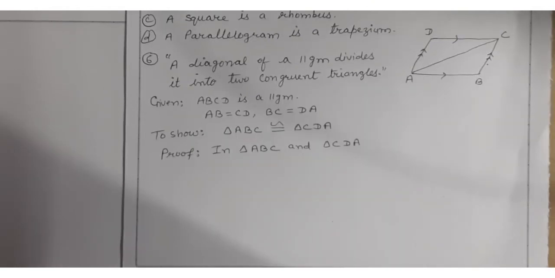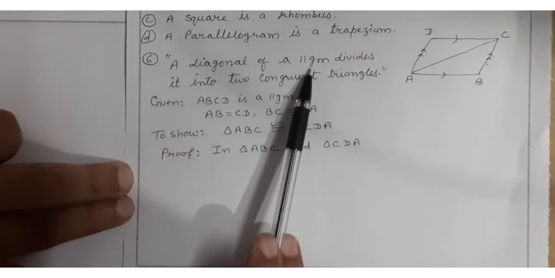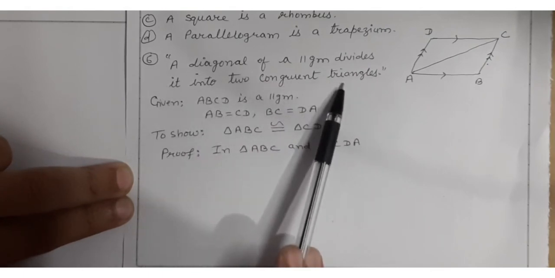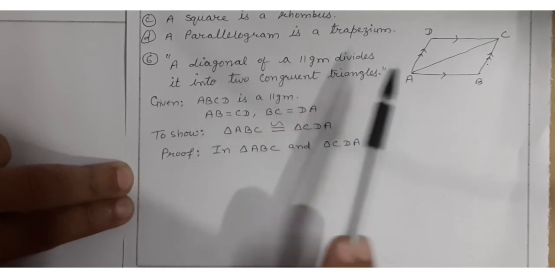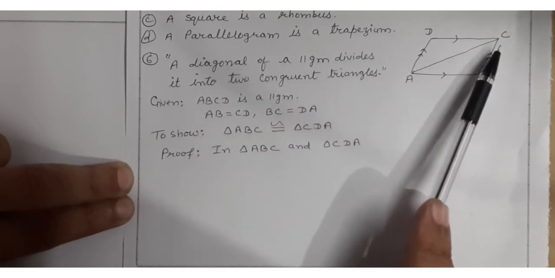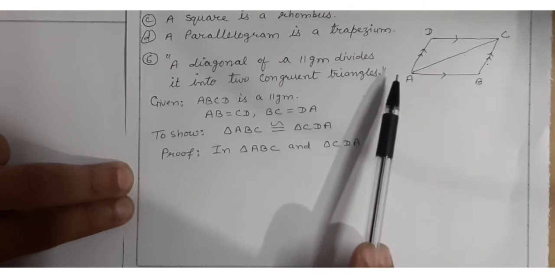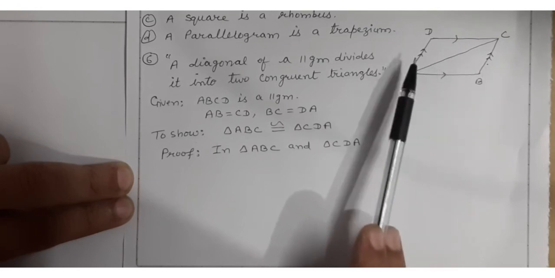Now the next very important theorem of quadrilaterals is: a diagonal of a parallelogram divides it into two congruent triangles. I am taking one diagonal AC. I take parallelogram ABCD, in which we know opposite sides are equal and parallel.